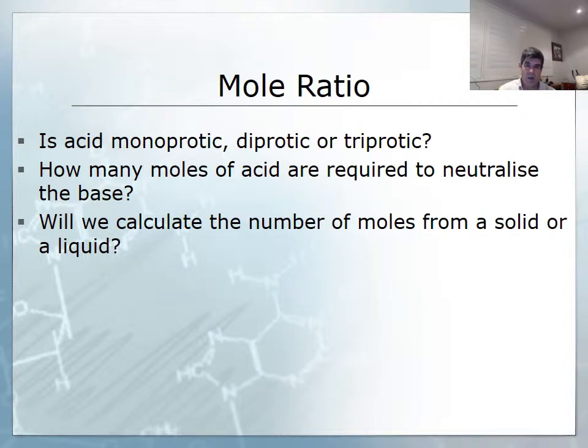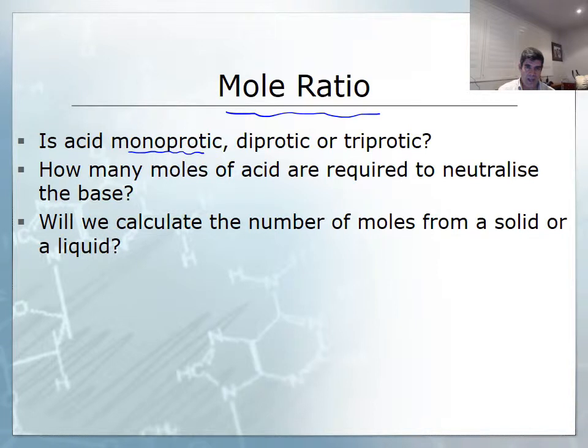So allowing for the fact that you're going to have good techniques, repeat your titrations so you've got some consistent results and all of that sort of stuff, one of the most important things that we can look at is the mole ratio, because the mole ratio is not always going to be 1-to-1.